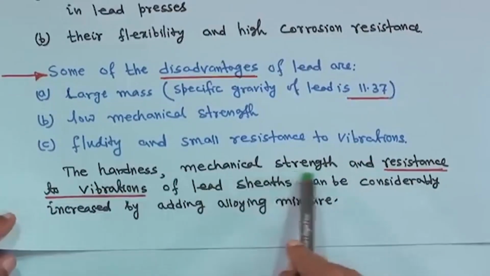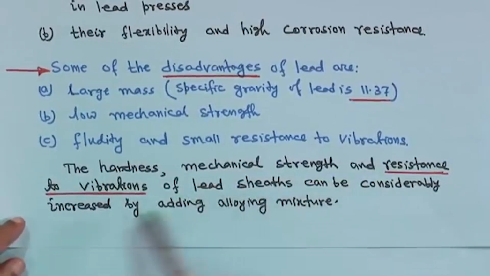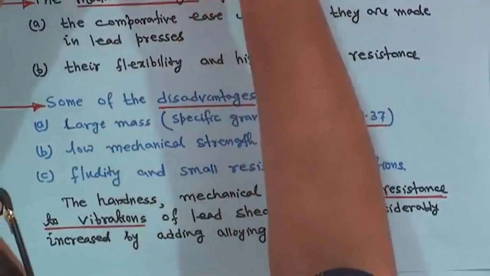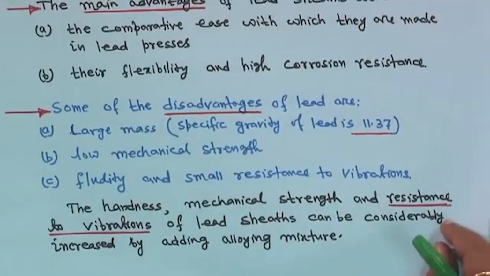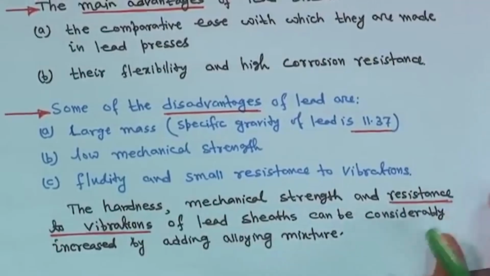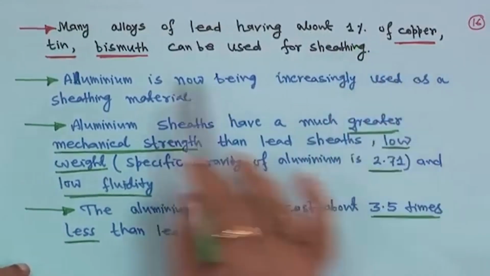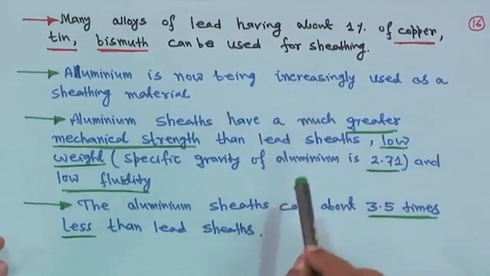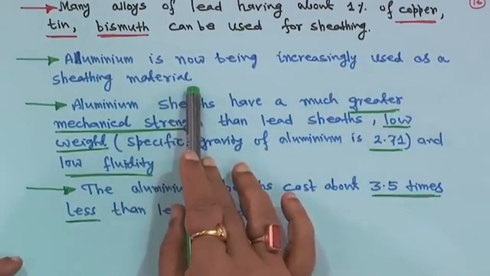The hardness, mechanical strength and resistance to vibration of lead sheath can be considerably increased by adding alloying mixture. I mean, you have to mix in copper, tin or bismuth, right. That means many alloys of lead having about 1% of copper or tin or bismuth can be used for sheathing, but aluminum is now being increasingly used as a sheathing material.